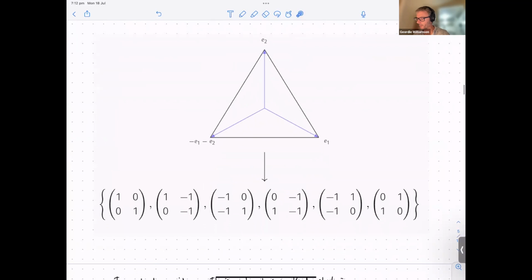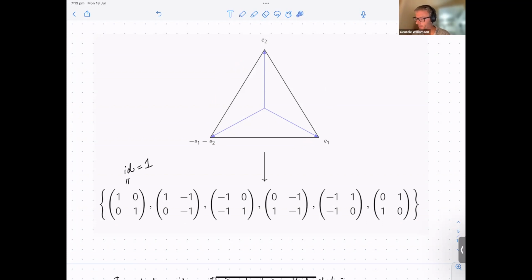Another example is if I take the vertices of the triangle like this. So here's E1, here's E2, here's minus E1, minus E2. You can write down, so there's 6 symmetries of the triangle. So any permutation of the vertices is possible. And so we get 6 matrices. So this is, for example, the identity. So this is what I was calling 1 before.